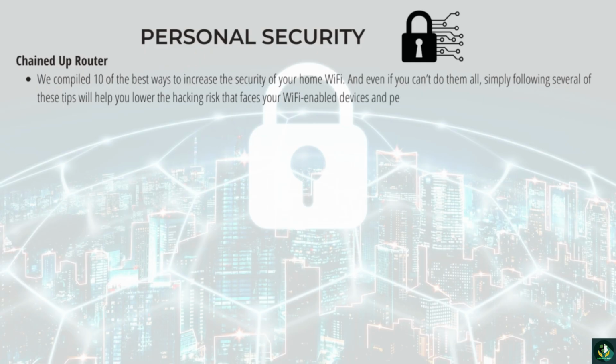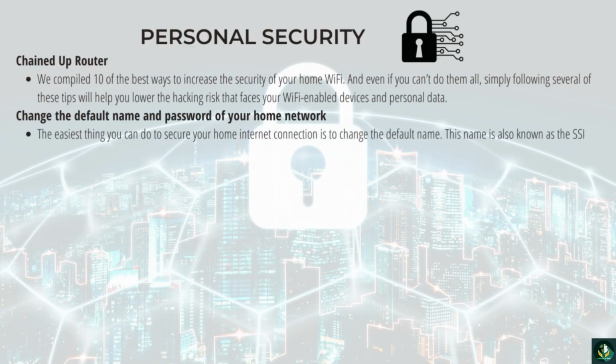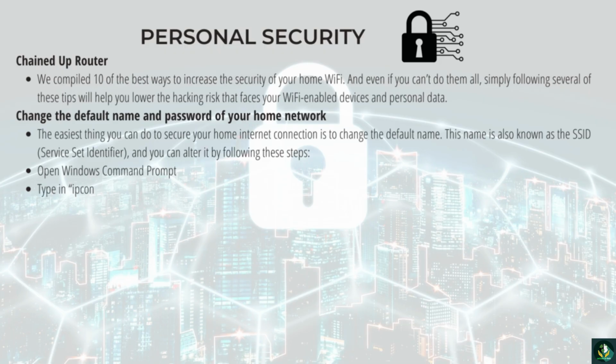1. Change the default name and password of your home network. The easiest thing you can do to secure your home internet connection is to change the default name. This name is also known as the SSID, or Service Set Identifier, and you can alter it by following these steps. Open Windows Command Prompt. Type in ipconfig. Locate your IP address.